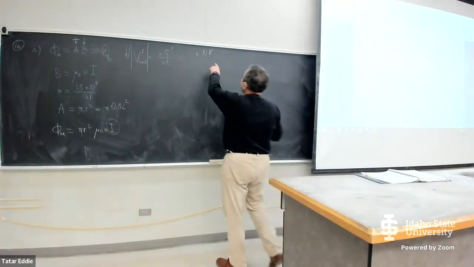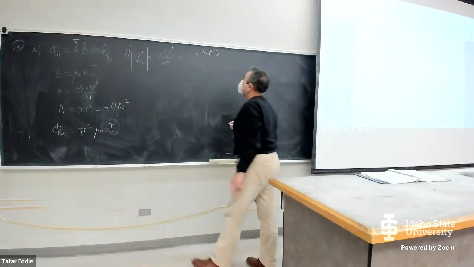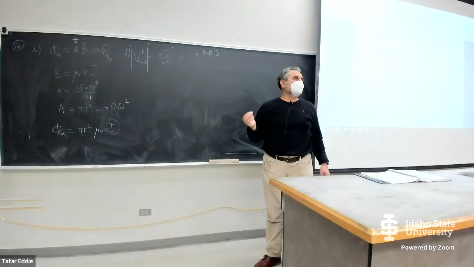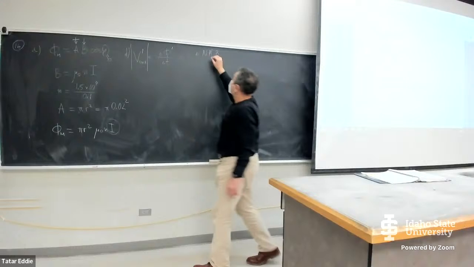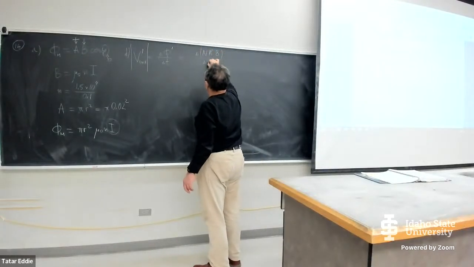So this gives you area multiplied by the magnetic field inside the solenoid. Again, there is a cosine of some angle, but this angle here is equal to 0, so the cosine is equal to 1, so I'm not going to write it. So this is all of it divided by time.